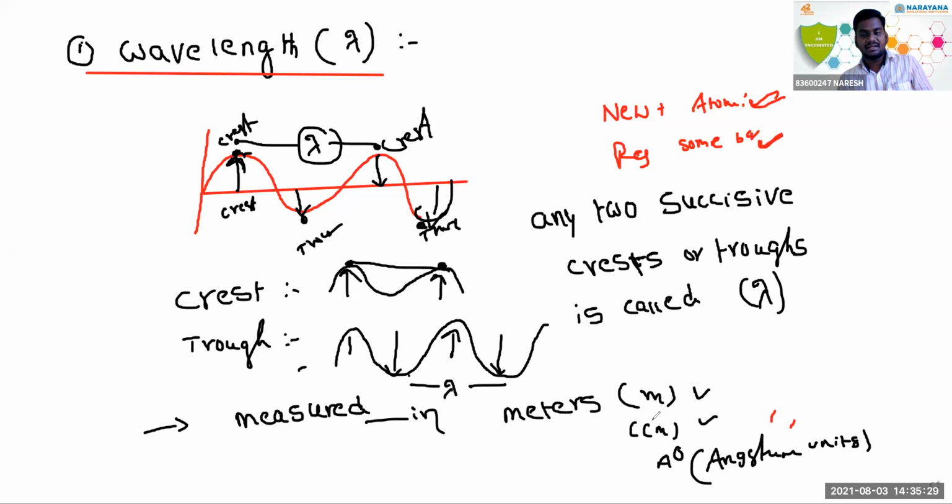Wavelength is measured in meters, centimeters, and angstrom units.